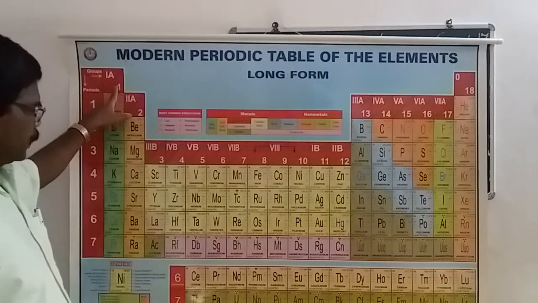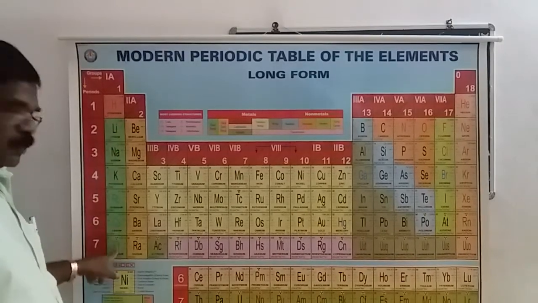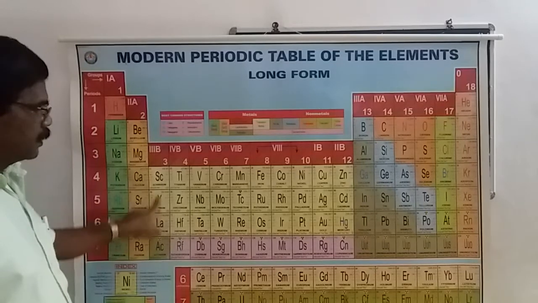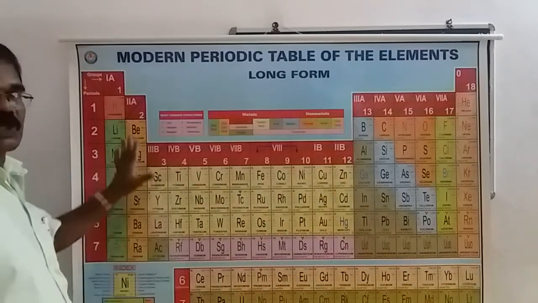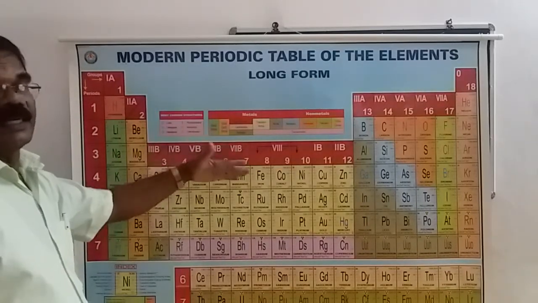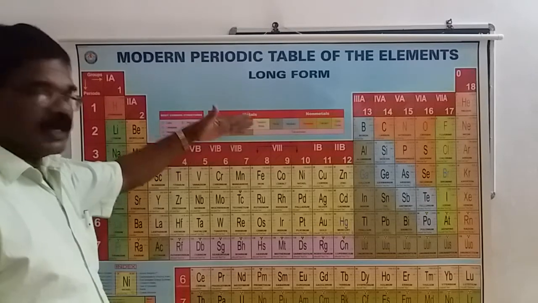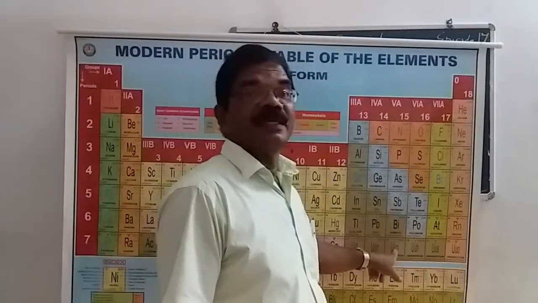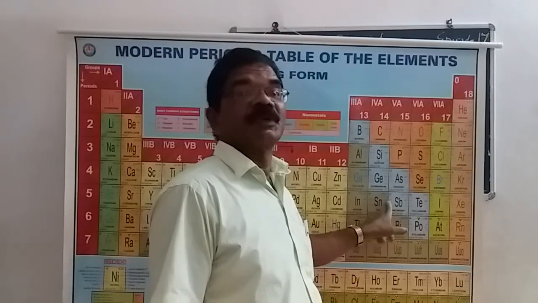In a group, the atomic radii increase. There is no difference in the case of metal or non-metal. Generally, in every group, atomic radii increase from top to bottom. Why? Because the number of shells increases.